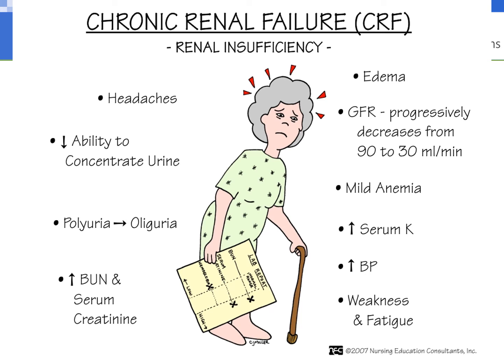We'll start seeing that polyuria go to oliguria. So again, an output of less than 500 or 400, and again, decreased ability to concentrate that urine. In children, you'll see growth disturbances as well.